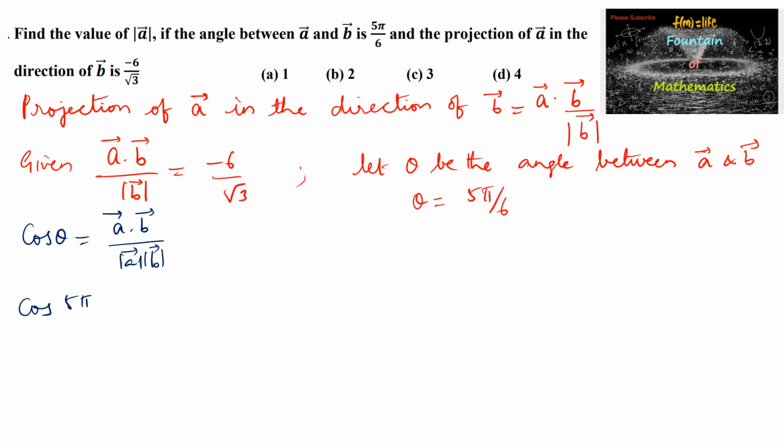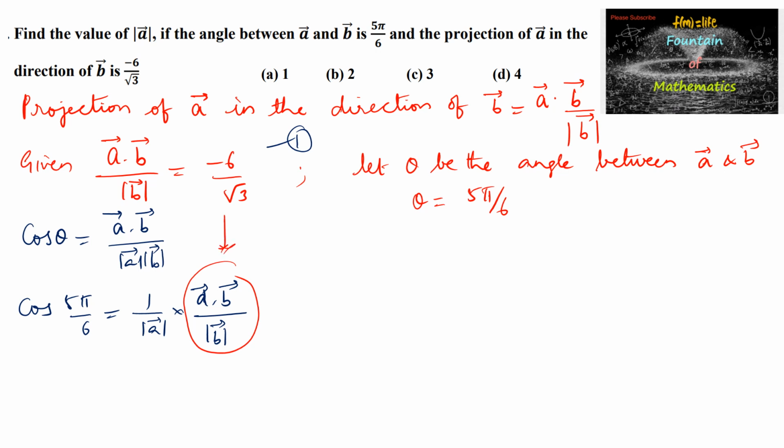Cos 5 pi by 6 is equal to 1 upon mod A into A dot B divided by mod B. A dot B divided by mod B is minus 6 by root 3. So we can substitute, and cos 5 pi by 6 we can write as cos of pi minus pi by 6, which is equal to 1 upon mod A into minus 6 by root 3.